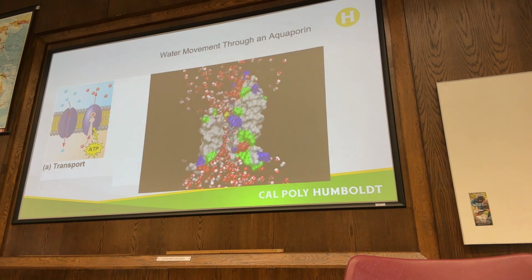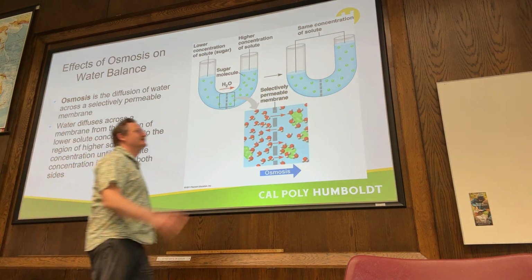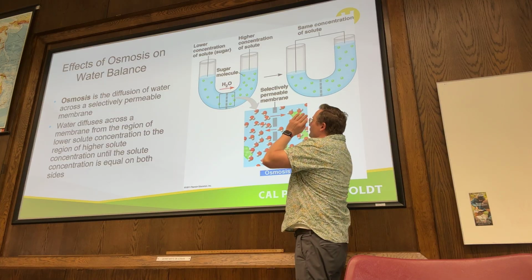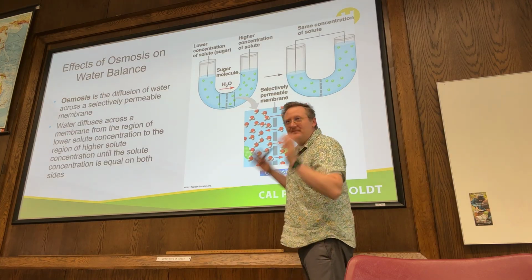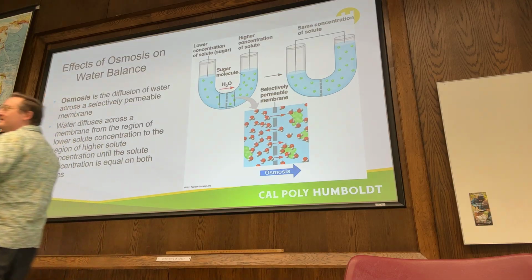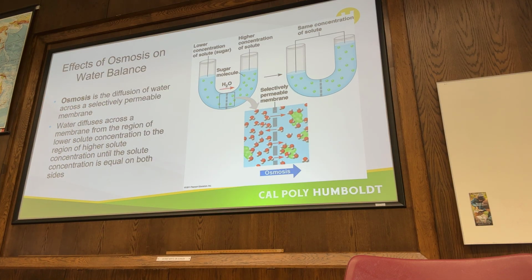Okay, let's just get right into osmosis. I'll move through it pretty quickly, but slow me down if you have any questions. Osmosis is water movement across a membrane that only allows water to move. Osmosis is an example of diffusion, which is an example of passive transport.